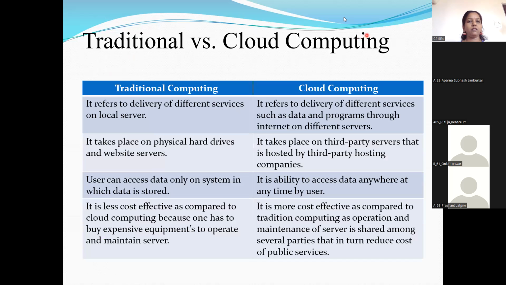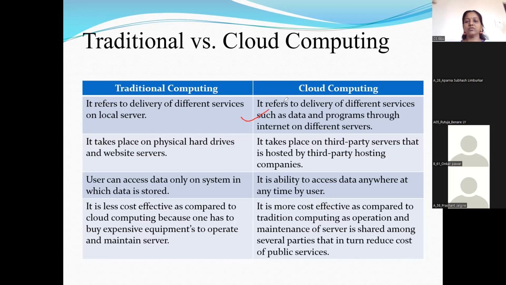Then we have seen the difference between traditional computing and cloud computing, isn't it? So in traditional, all the points we have covered. In cloud also we have covered all the points. The basic difference is that traditional refers to the delivery of different services on a local server.